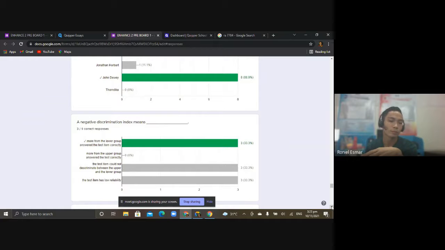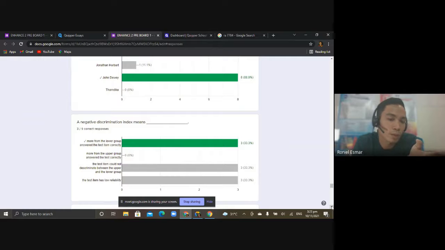Then you will see that it is a negative discrimination index if the majority of the students who got this particular test item are students who belong to the lower group, or students who got low scores in the totality of the test.